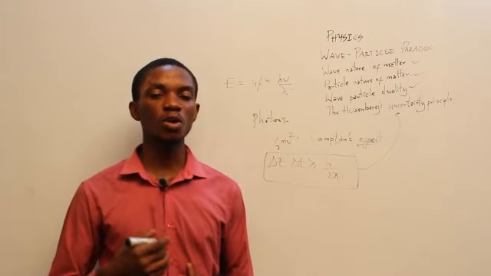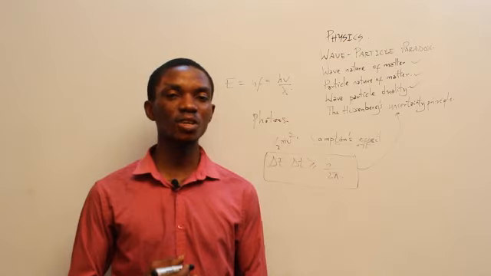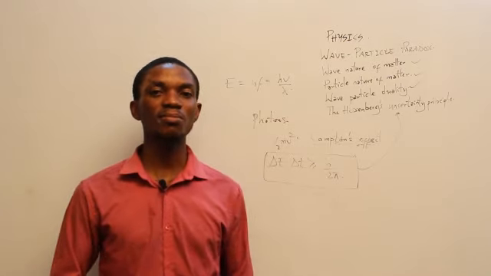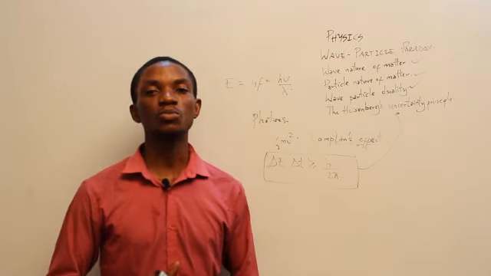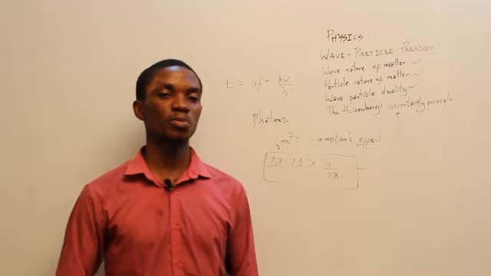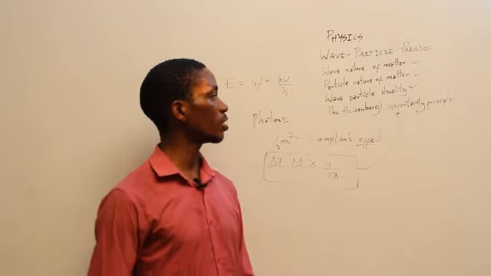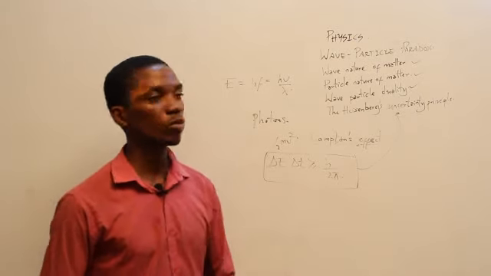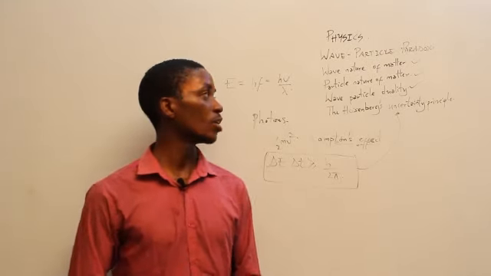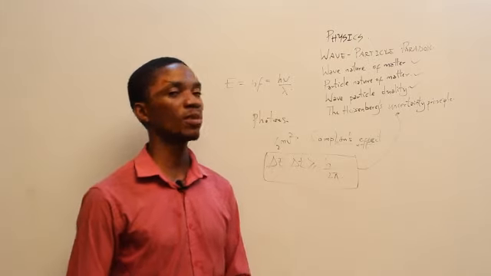So if we had been able to come up with something that can tell us the exact position and exact momentum, and we could calculate both of them simultaneously, then we would be able to move even further in our experiments, in our research. Okay, in this lesson we looked at the wave-particle paradox, and we were able to unveil the paradox. We talked about the wave nature of matter.